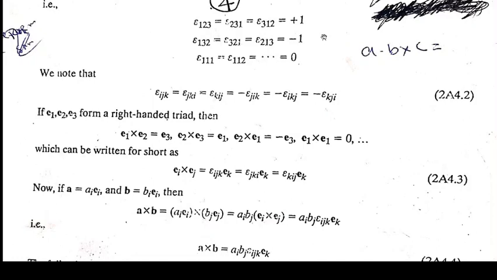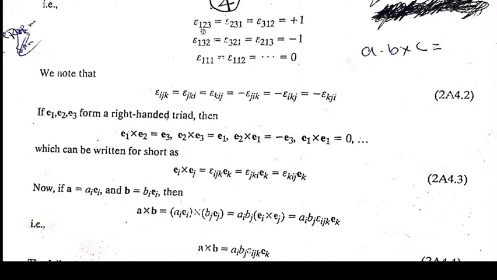This is the same cyclic order that we are going. For understanding, you can take this anti-clockwise: 1, 2, 3, plus 1; 2, 3, 1, plus 1; 3, 1, 2, again plus 1.